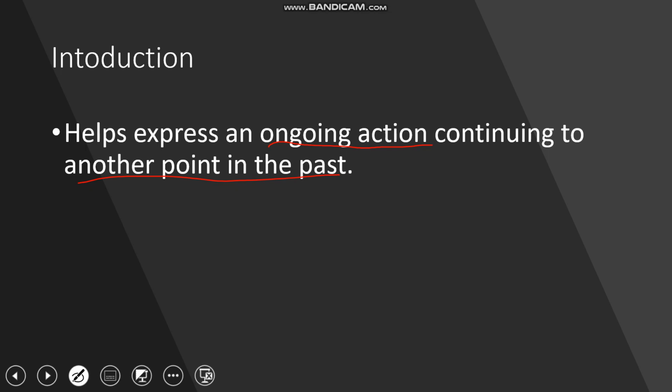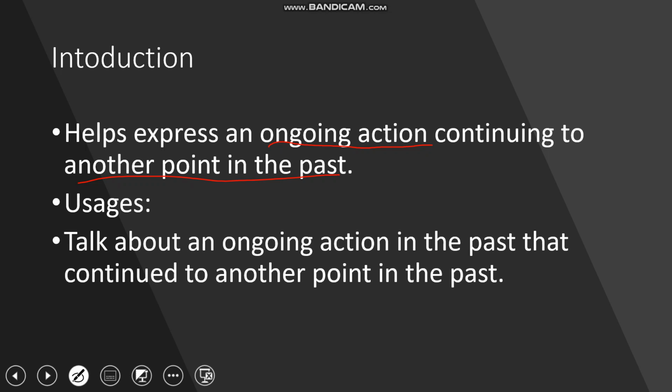That means it helps in expressing an ongoing action which is continuous till another action happened in the past. How do you use it? We use it when we are talking about an ongoing action in the past that continued to another point in the past. It's all in the past, but the action was ongoing. That is all.